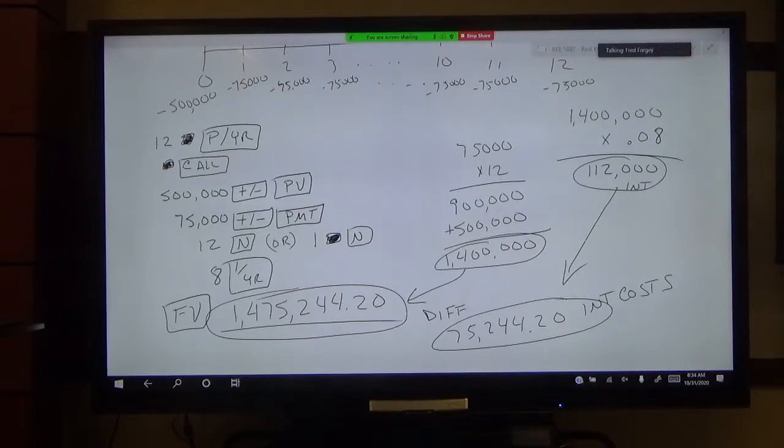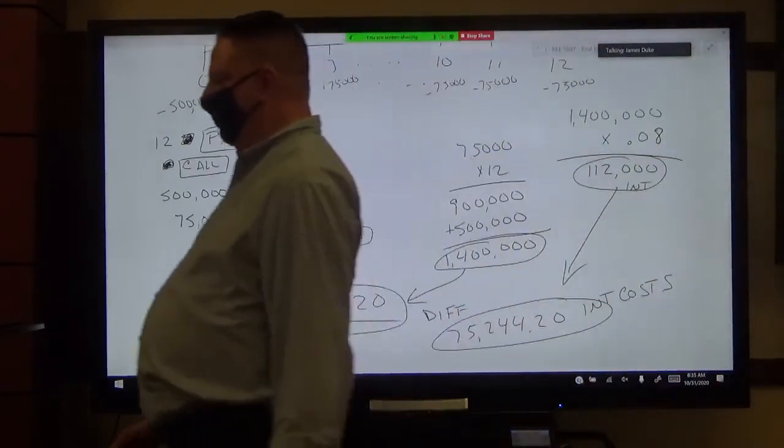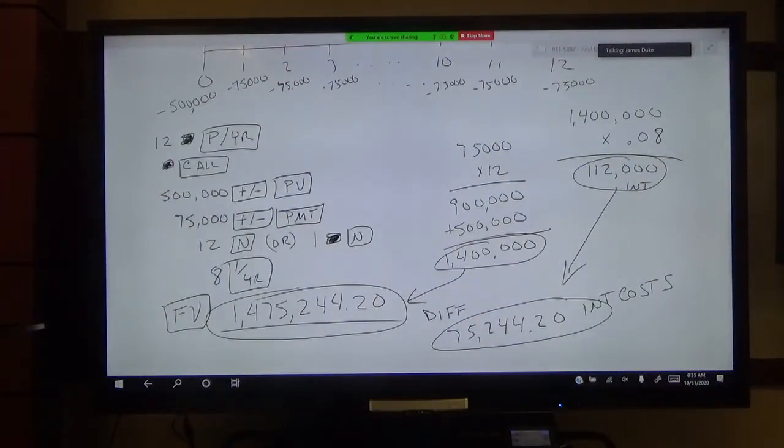Okay, anybody else? I do have a comment I want to make because I want to clarify something that I said. We're all shifting what we call risk in construction. So what ends up happening is those 75, going back to the first example with the $75,000 a month payment.